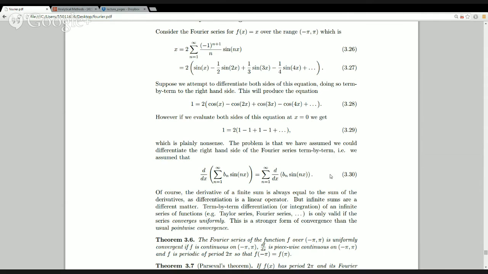It's a lot harder for a sequence of functions to be uniformly convergent. It places a lot more restriction on the behavior of the functions. So it's a more specialized type of convergence, but because it's more specialized, it behaves better in a way that I'm going to tell you.